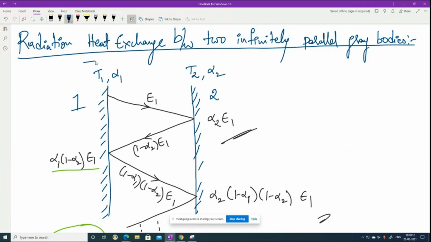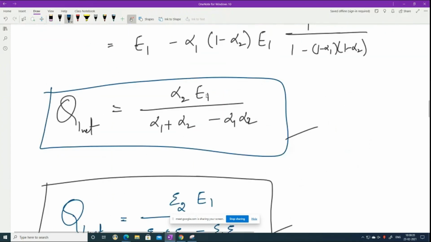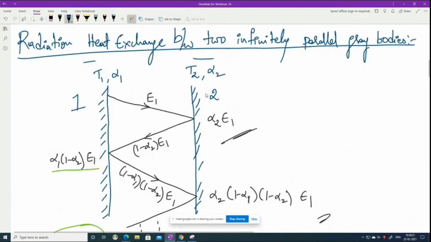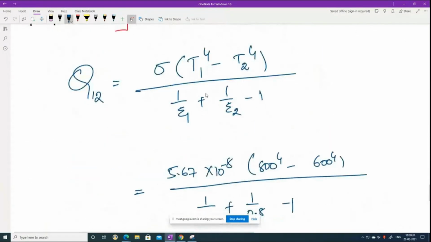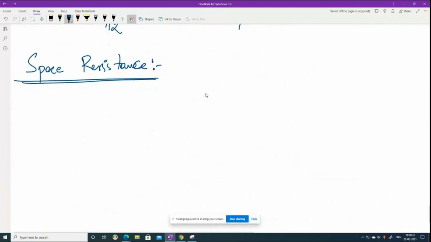Here you take conduction heat transfer, and in between you take convection heat transfer. That is for space, but that kind of thing is not taken care of in this particular case. So, to take care of that space resistance, we will have a formula. That formula is R space is equal to 1 by A1 F12. How do you get this formula? Tell me how to get this formula.